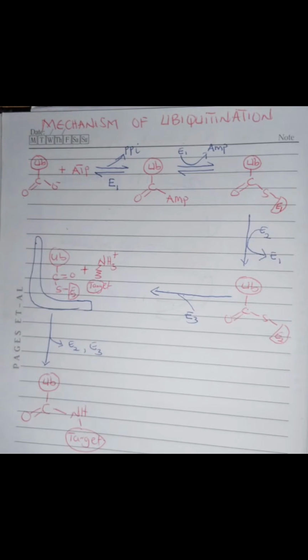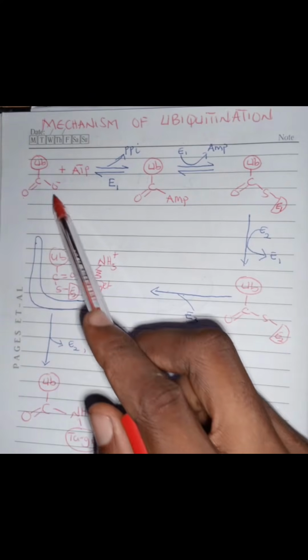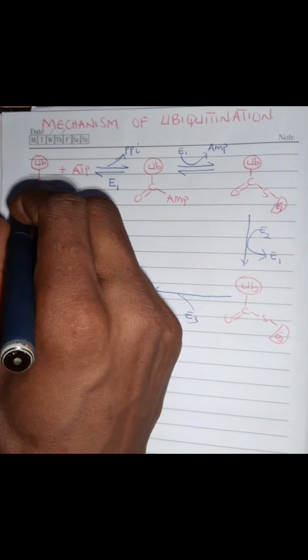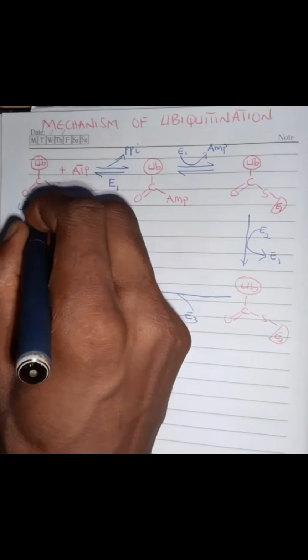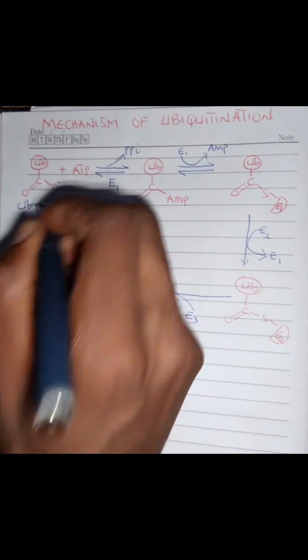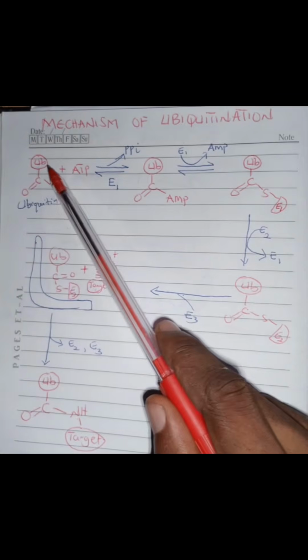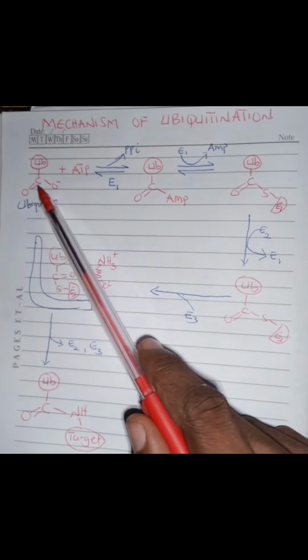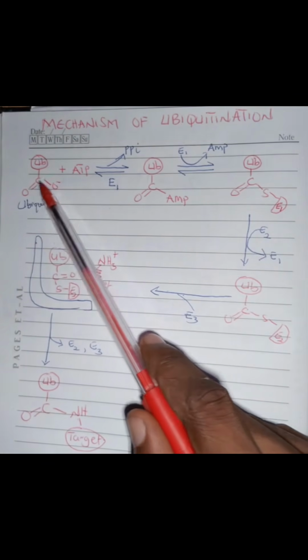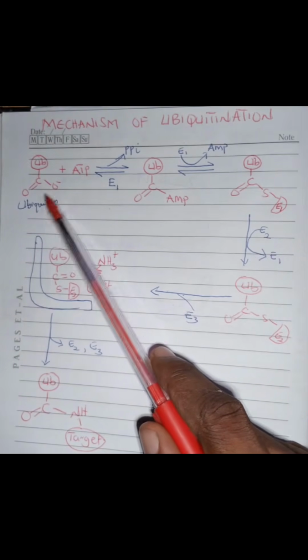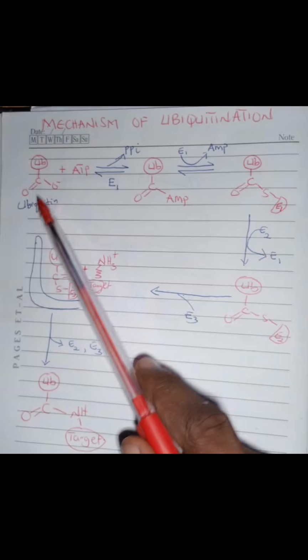All right, so let's look at the mechanism of ubiquitination. Now, this molecule here is ubiquitin. This is not the full structure of ubiquitin. We just use UB to represent ubiquitin, and this is the carboxylate side of ubiquitin. This is the C terminal, the carboxylic acid part of ubiquitin, and this is where we're interested.